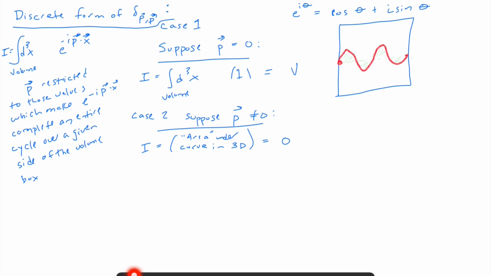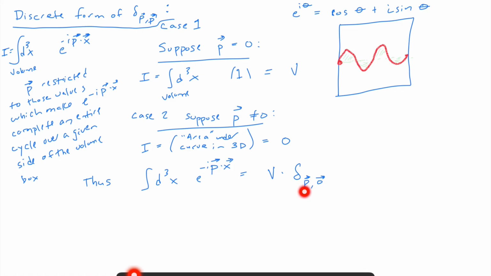Same thing in 3 dimensions. So when p is not equal to 0, this thing is equal to 0. This gives us our very important result, which we will use again in the next upcoming lecture, that the integral of d third x of e to the minus ipx is equal to v times the Kronecker delta.